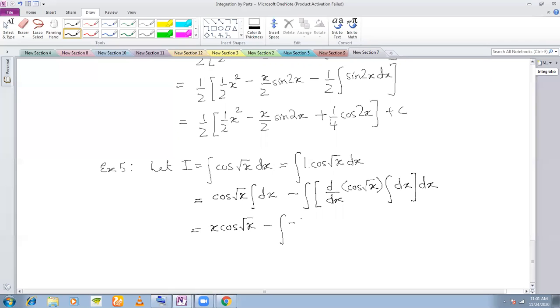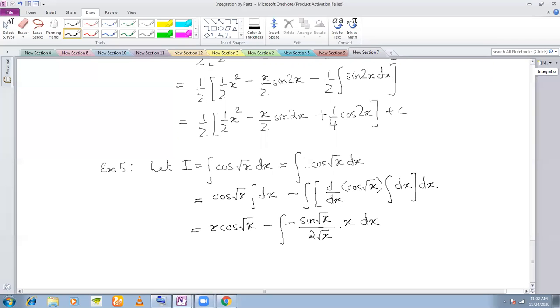So minus sin root x into the d dx of root x is 1 by 2 root x into integral of this is simply x, okay, into dx.